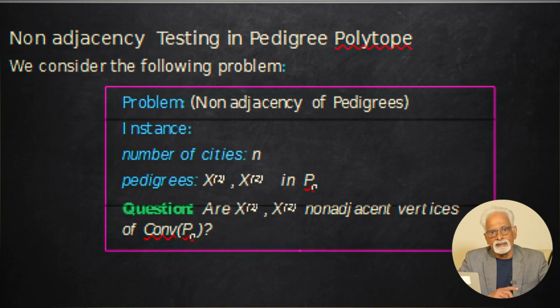So our problem is non-adjacency of pedigrees. Instance: the number of cities n is given, and you are given two pedigrees, x^[1] and x^[2], both in the same set of pedigrees, Pn. Question: are x^[1] and x^[2] non-adjacent vertices of conv Pn, the convex hull of these vertices?